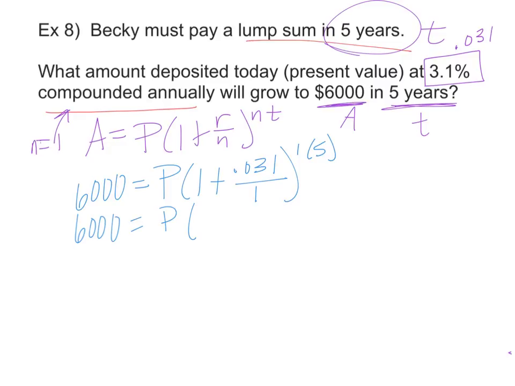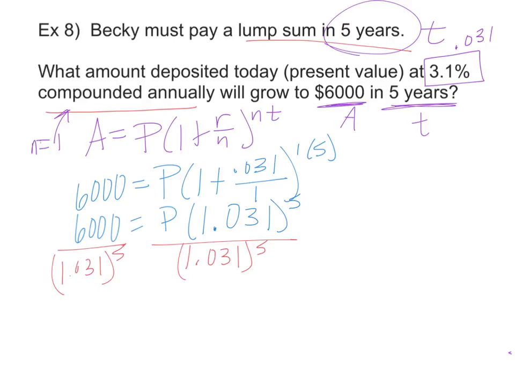So if I'm looking at this problem, I have 1.031 to the fifth. If I take that and divide both sides by 1.031 to the fifth, I can plug that into my calculator. So do 6,000 divided by 1.031 to the fifth, and let's see what we get here.